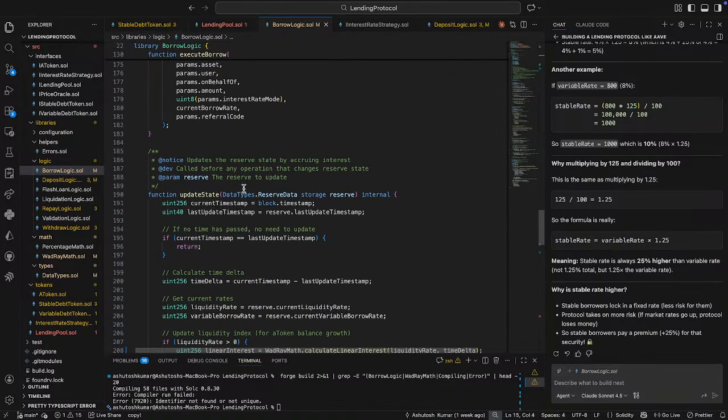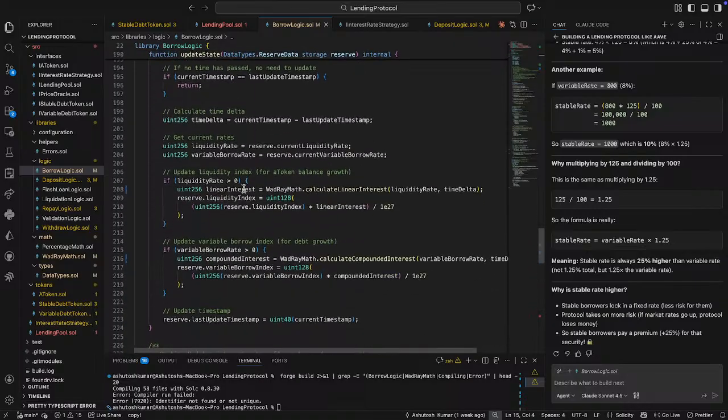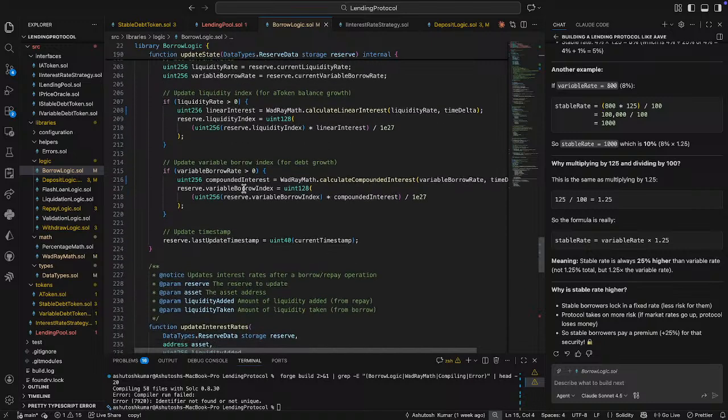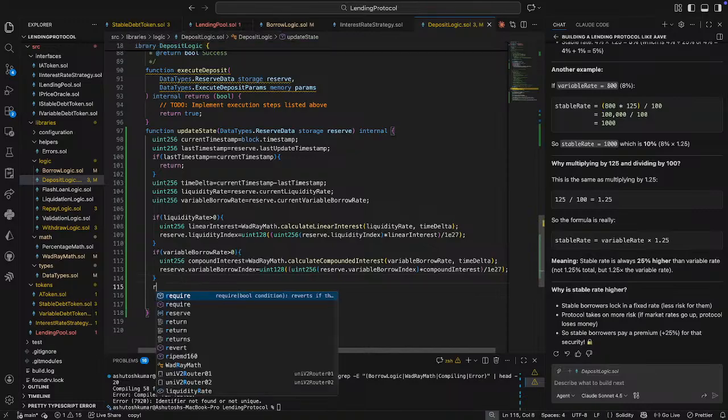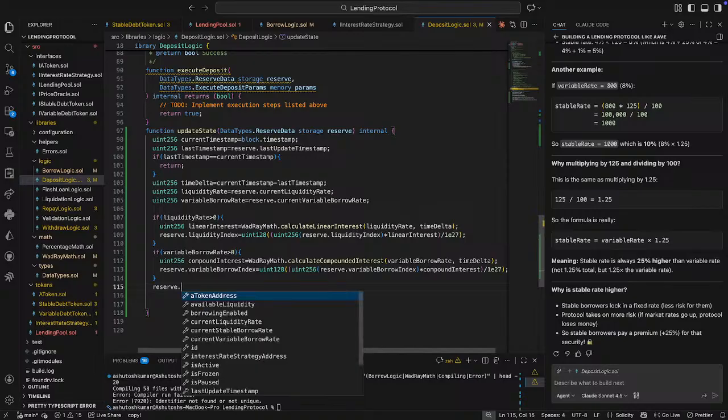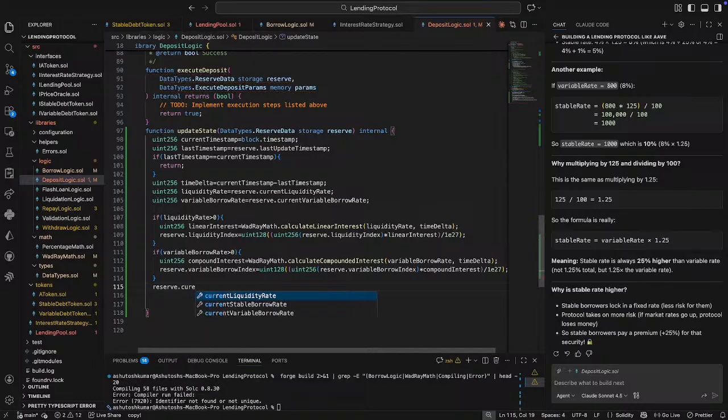This logic can be written somewhere else. No, why do I have to write it again and again? Reserve dot current timestamp.